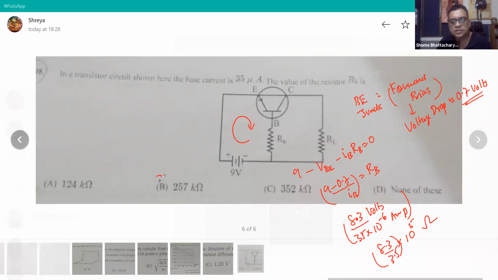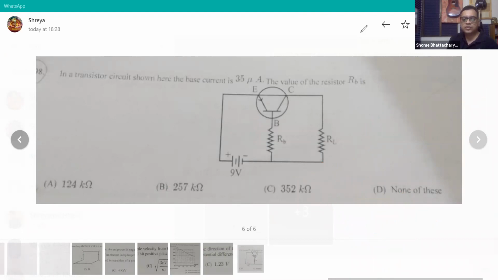So probably this should be the answer. I'm not doing an exact calculation, I'm just guessing it should be in this range. Okay, so this is a concept. All right, so that clears these doubts. I think I've just got one or two more doubts. I'll clear that.